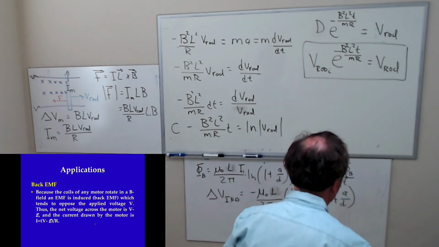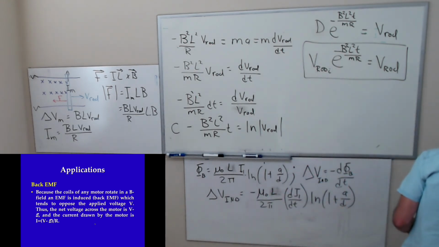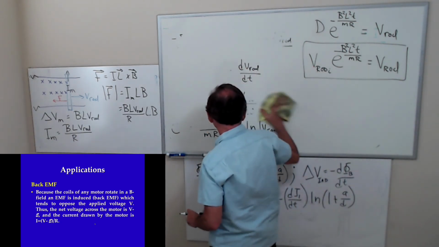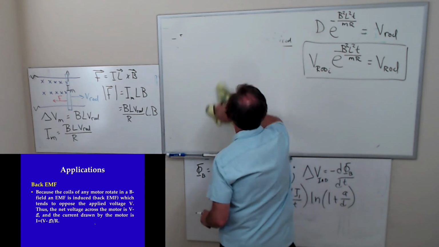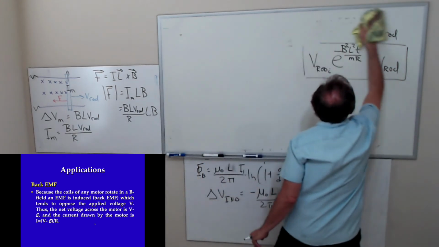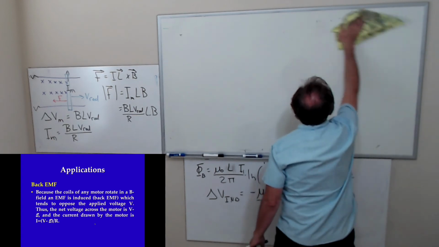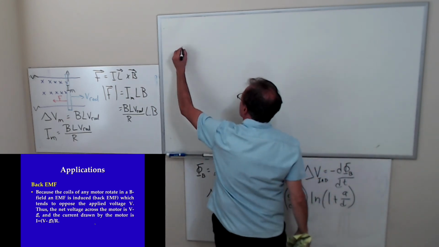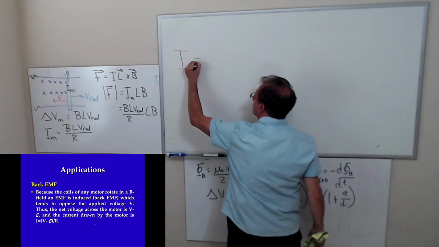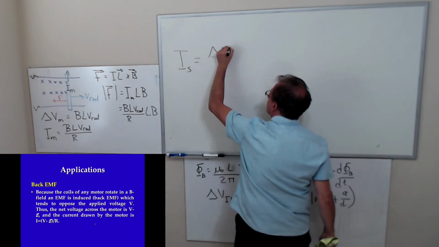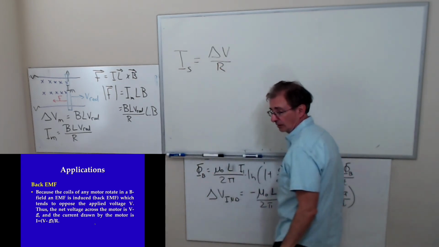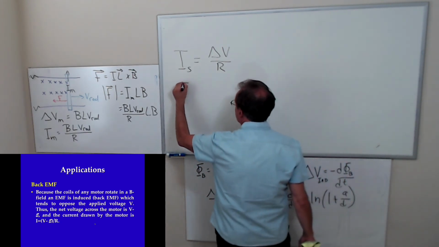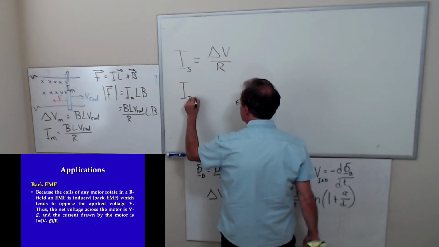So if you have a motor, the current in the motor from the supply is just delta V over R. If you have a back EMF because of the motor, then you're going to have a current in the opposite direction.